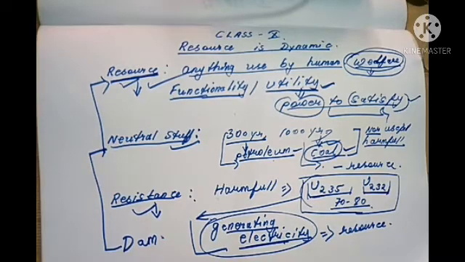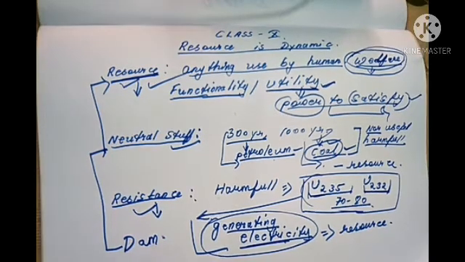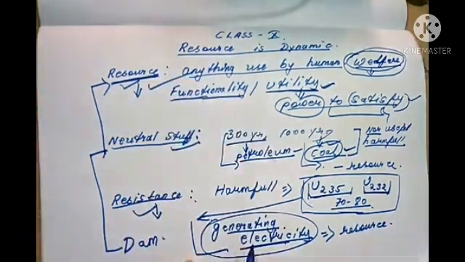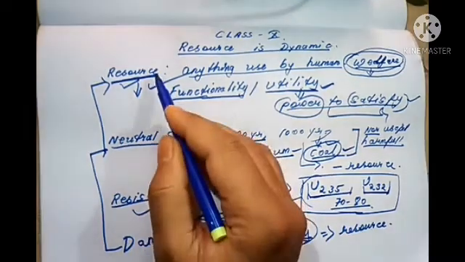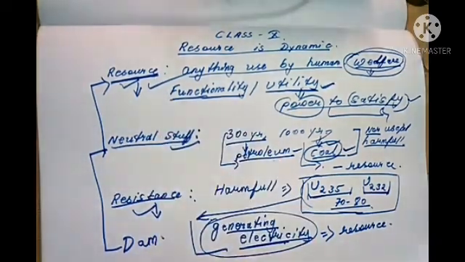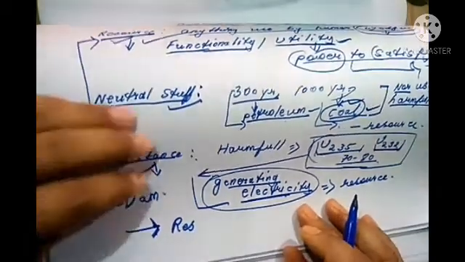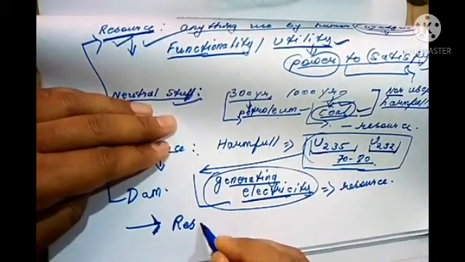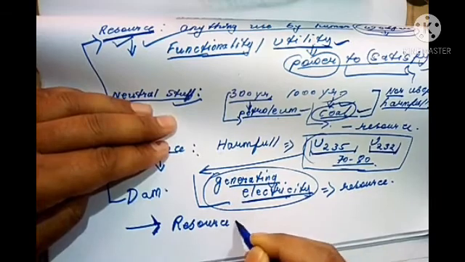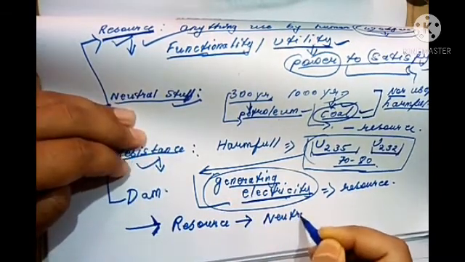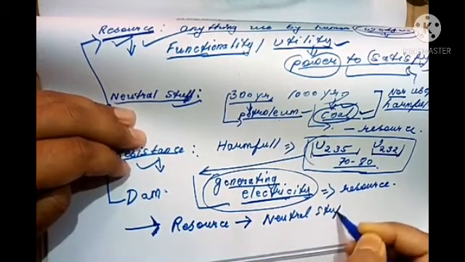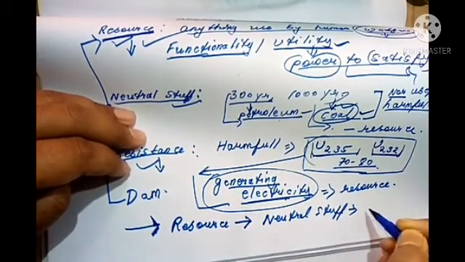Another thing: here, 'resource is dynamic' is not proved completely. Resource is dynamic because if any substance is a resource, in due course of time it may become neutral stuff or resistance.